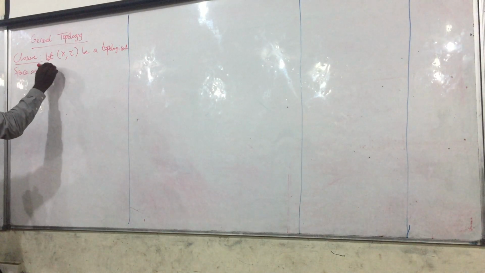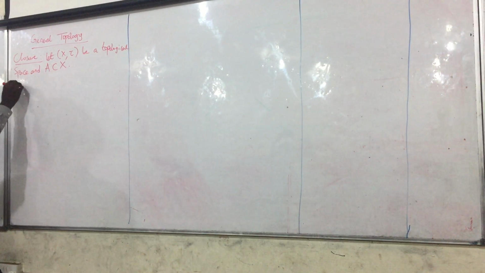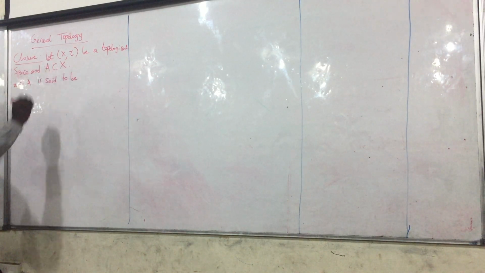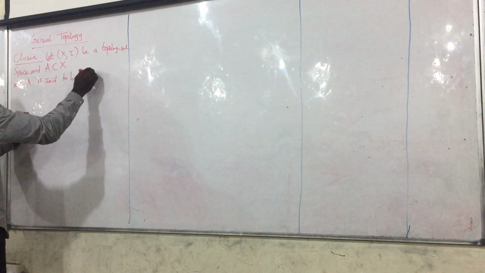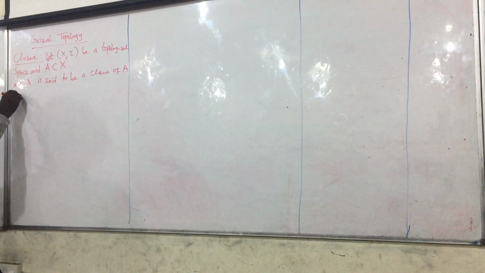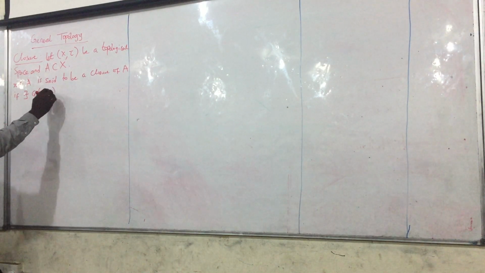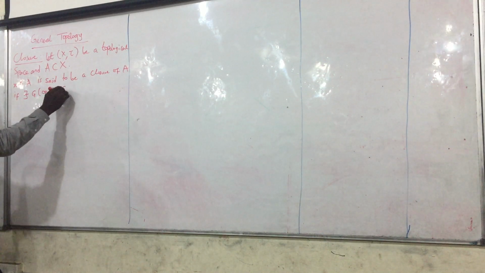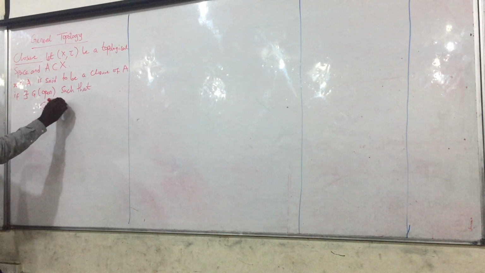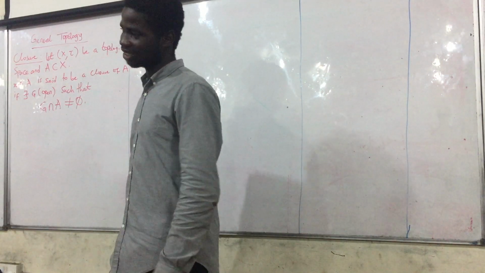And A be a subset of S. An element s in S is said to be a closure point of A if there is an open set G such that G intersection A is not empty. This is another definition of the closure.